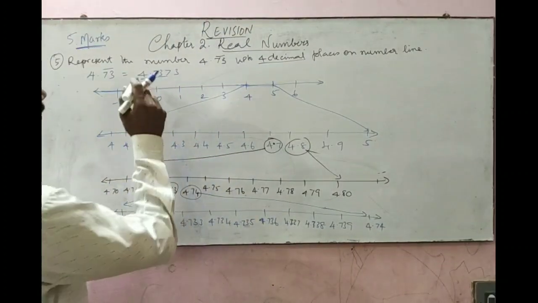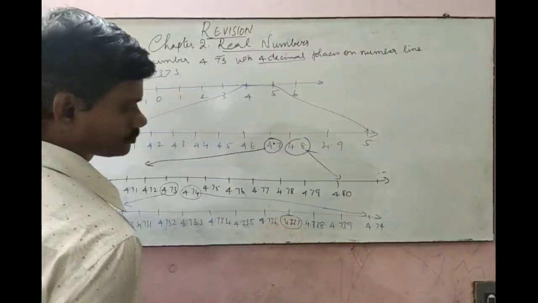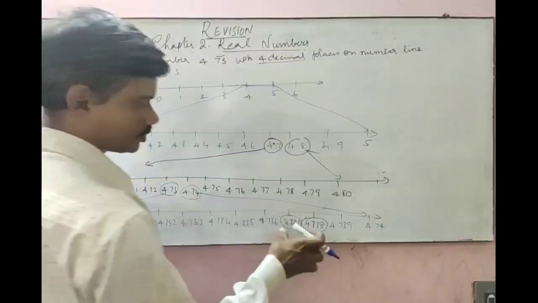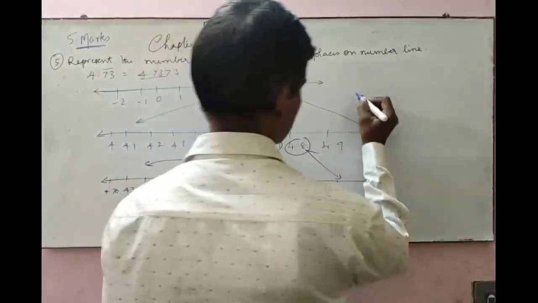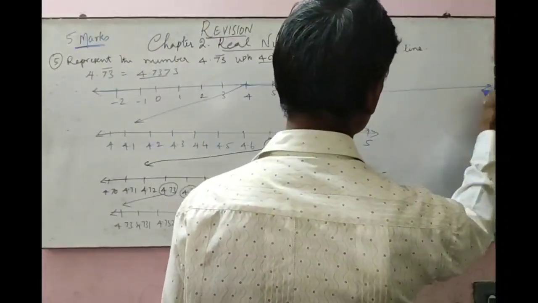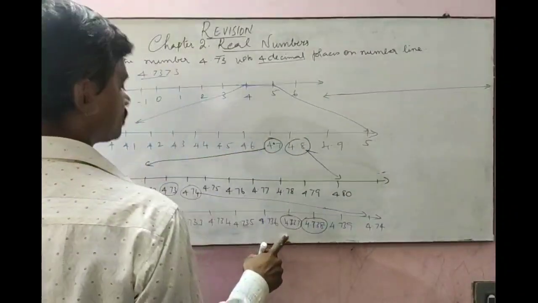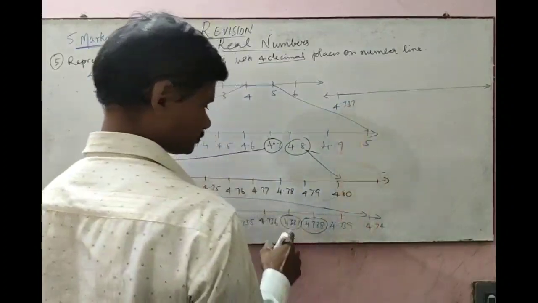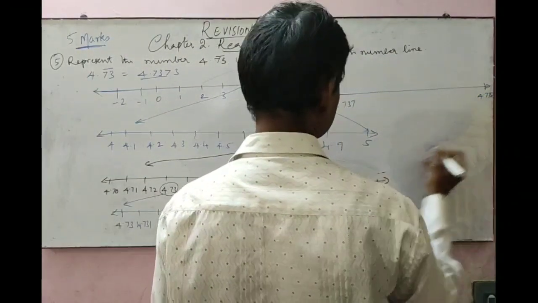Now look at this 4.737. Here we have that number. The next number is 4.738. Again I am going to visualize this, expand this. I am going to draw this here. Whatever, we can draw this. 4.737, the last term we have 4.738.